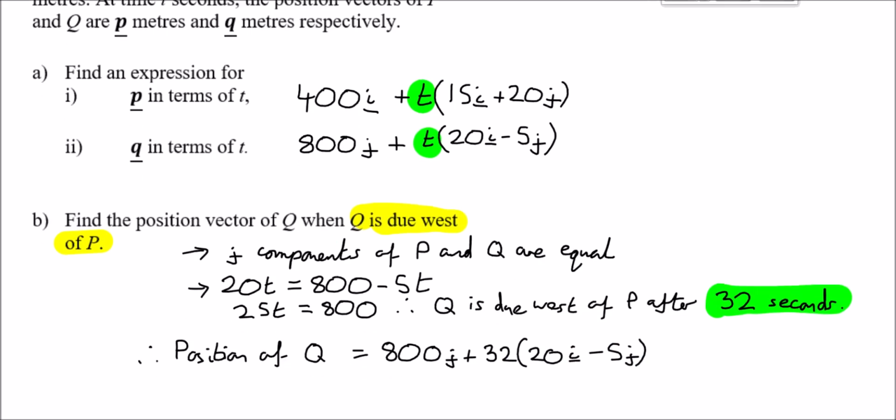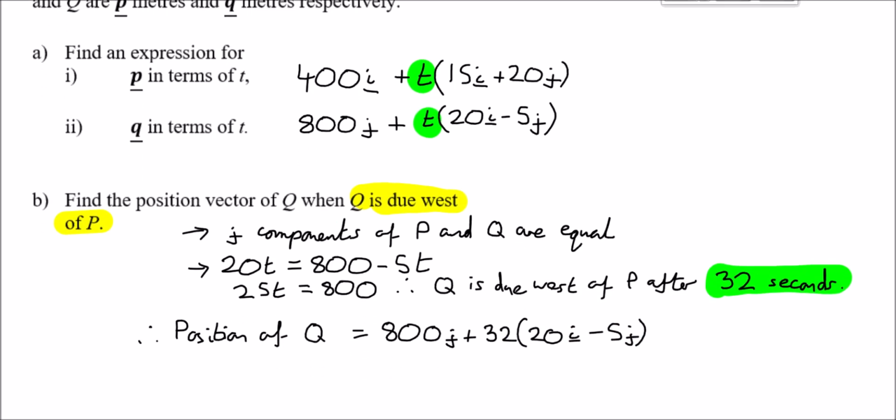And so if we just substitute this in, 32 times 20I is going to be 640I. And the J component, 800J minus 32 times 5, that is also going to be 640. And so that is the position vector of Q.